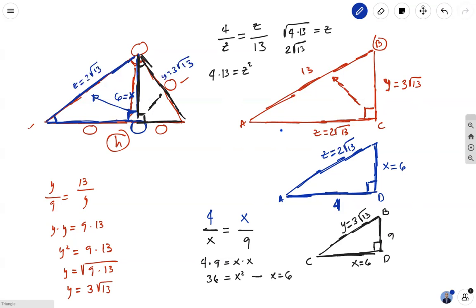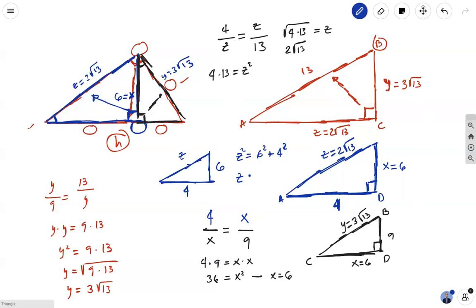So this is how you could do it. At some point, if you have 2 out of 3 sides, you can use the Pythagorean theorem in order to find the other sides. So let's say you have 4, you have this as 6, and you're missing this one. You can simply say that z squared is equal to 6 squared plus 4 squared.